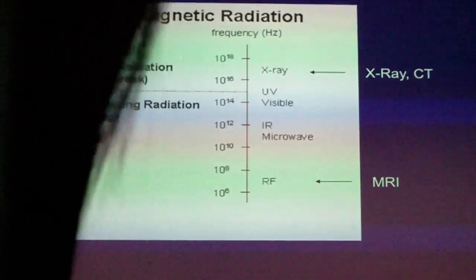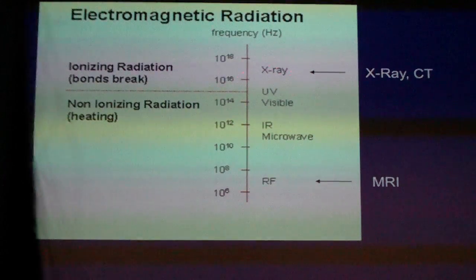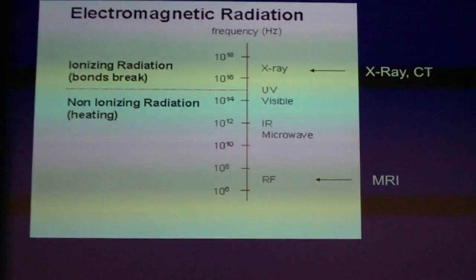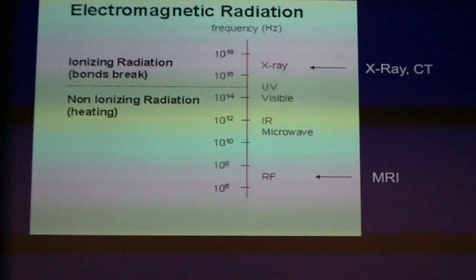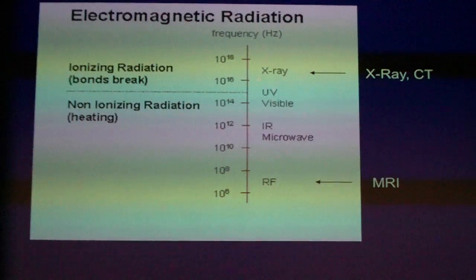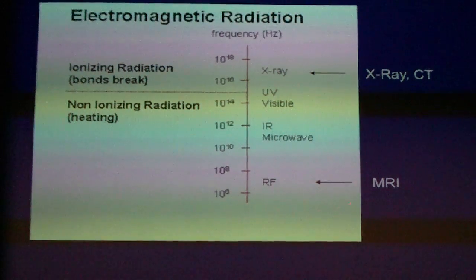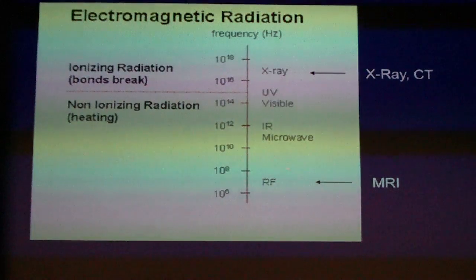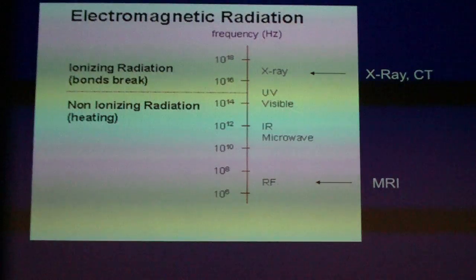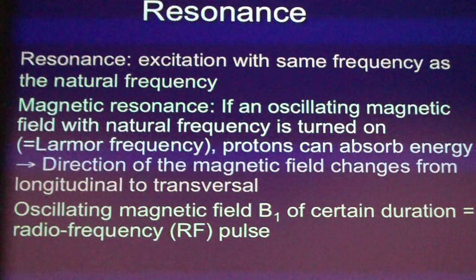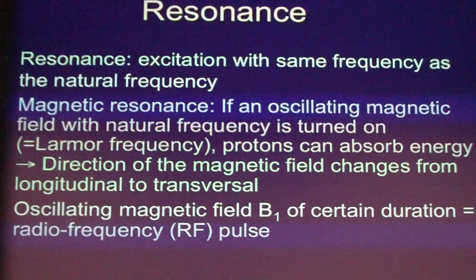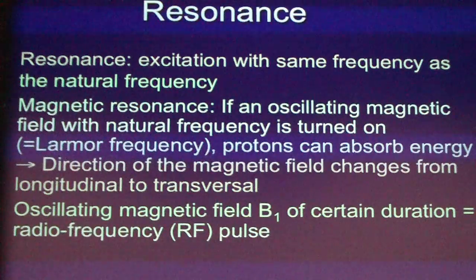If you look at X-rays, for example, they have a very high frequency, they have very high energy. Now the problem that you get there is that ionization is taking place because it's such high energy. When you go to lower frequency, the visible light, microwave, and MRI here is actually quite low in energy, but because it's using the right frequency, it can be that low in energy. Just to say, why is it magnetic resonance? It's because you use the frequency of the nuclei themselves to get this tilting of the magnetization out.